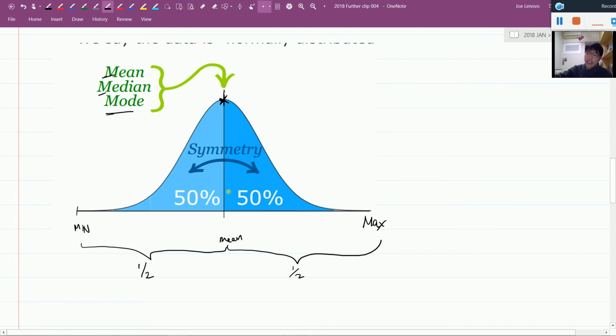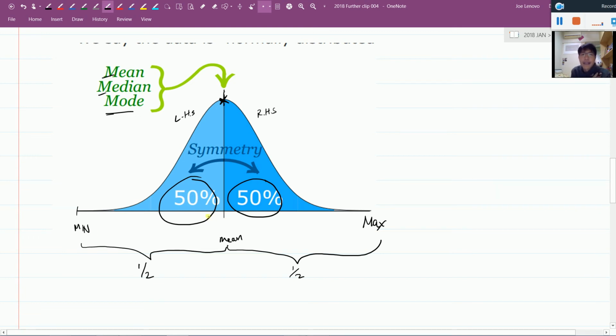And the percentage is the most important part that we want to focus on in the bell curve. If there's a mirror image, the left-hand side and the right-hand side will have exactly the same percentage. And they are 50 and 50%, which is halfway.